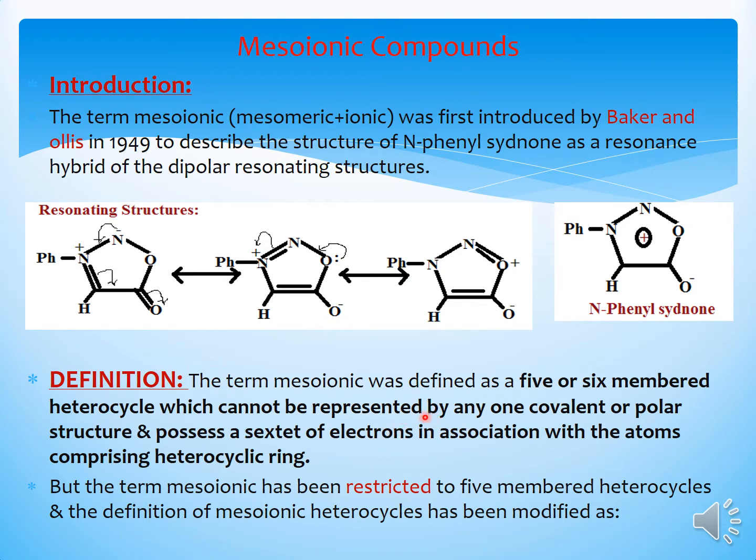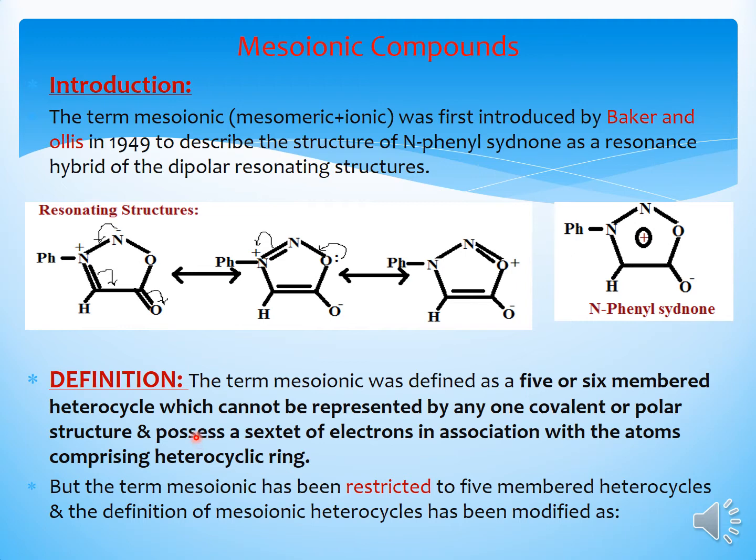It cannot be represented by that, and it will possess a sextet of electrons in association with the atoms comprising the heterocyclic ring. You have to listen to this point carefully, because there is a certain restriction in this definition which will be modified in the other definition.